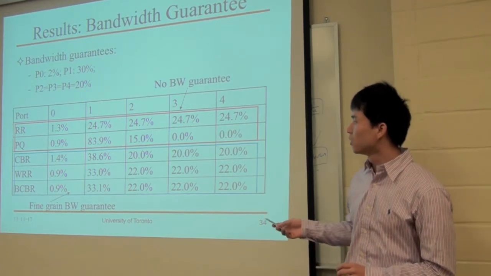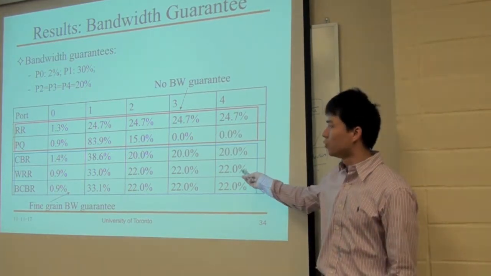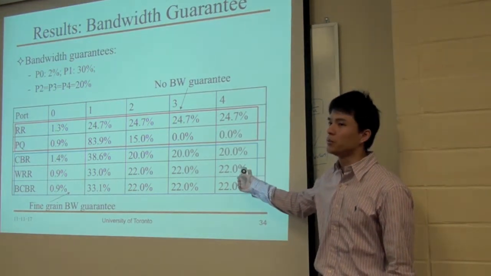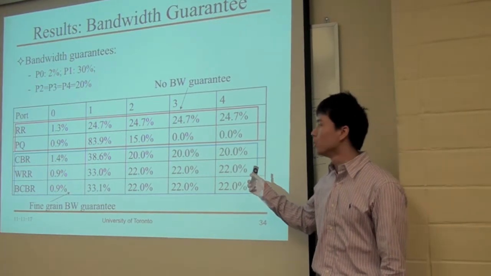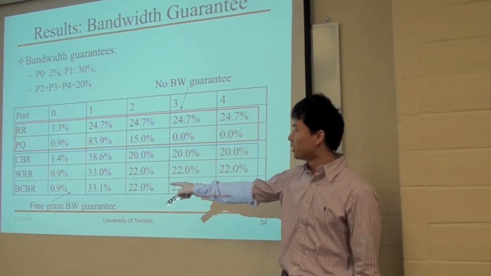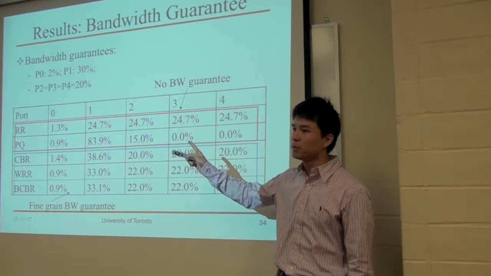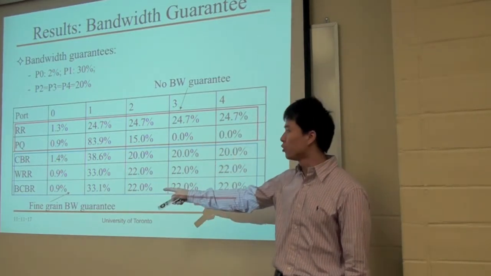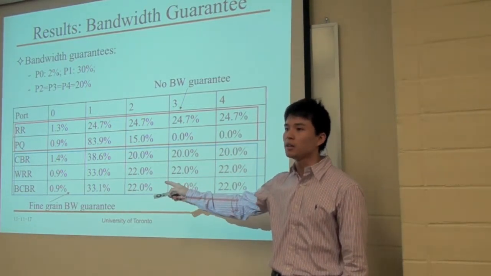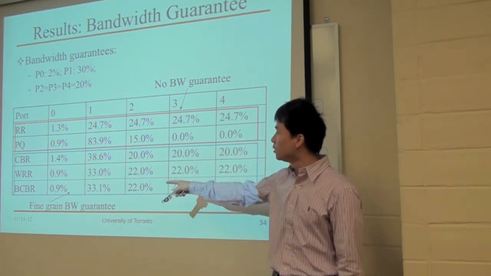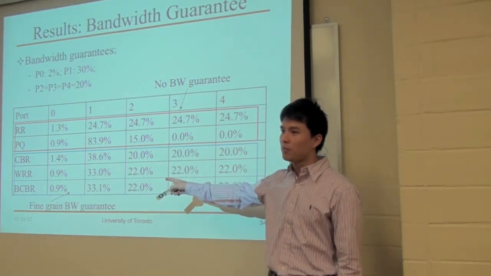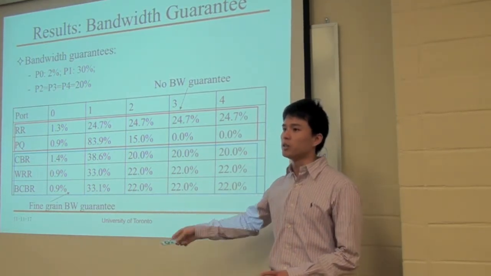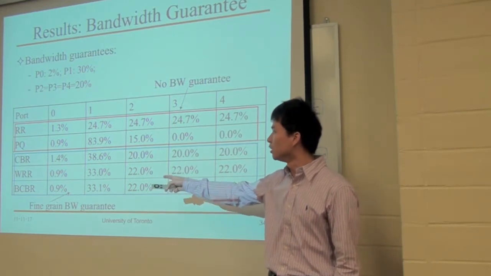So this is the weighted round robin results for the bandwidth allocations, right? So for port 0, it requires 2% of the bandwidth, but it actually only uses 0.9%. For port 1, it requires 30%, but actually there is residual bandwidth, and it will be allocated to port 1.